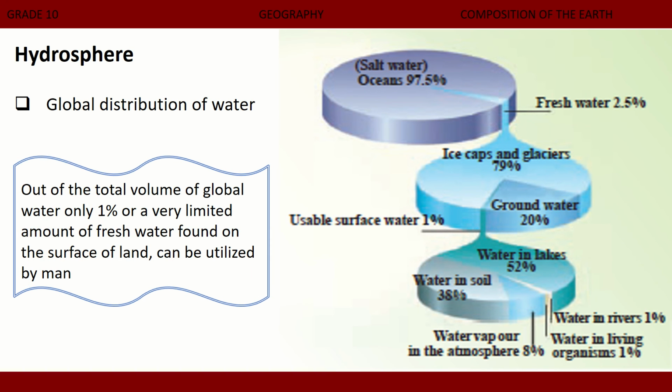It is very clear, children, out of the total volume of global water, only 1% or a very limited amount of fresh water found on the surface of land can be utilized by man.